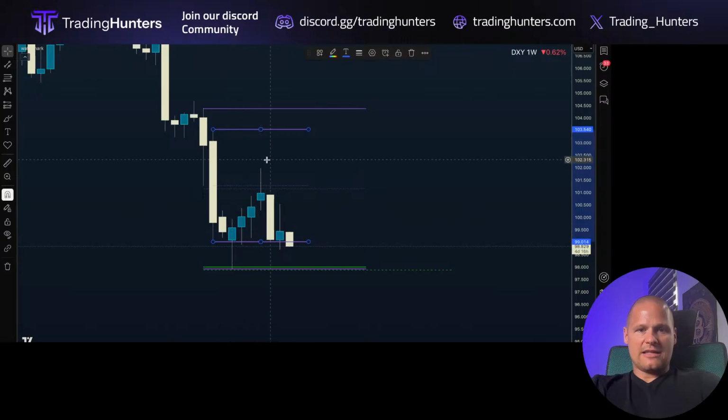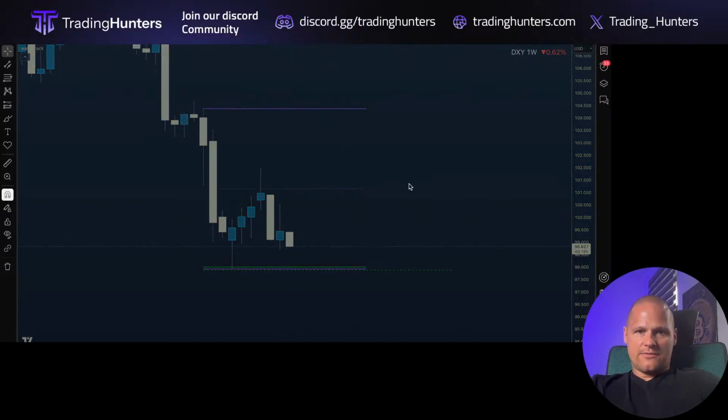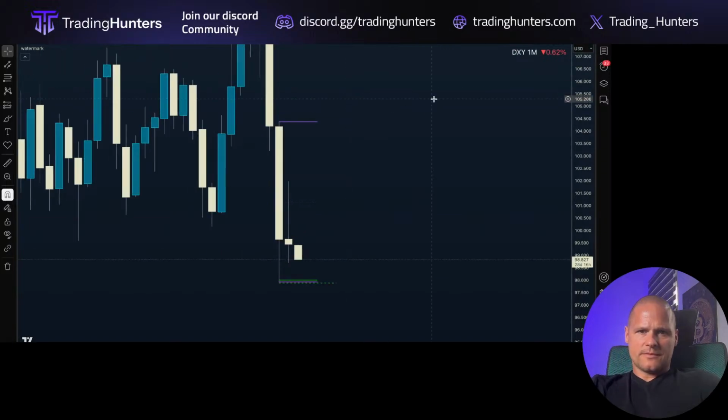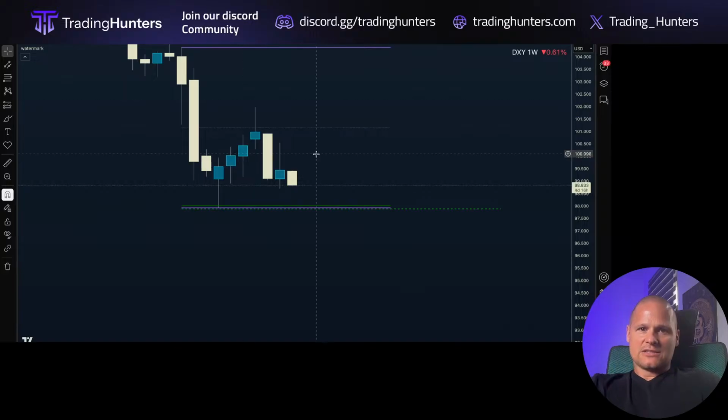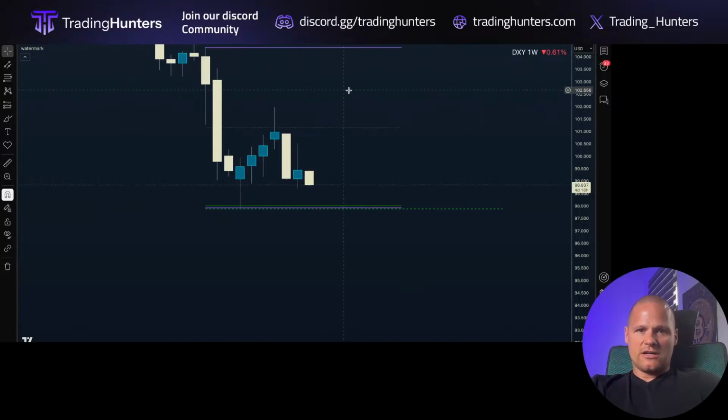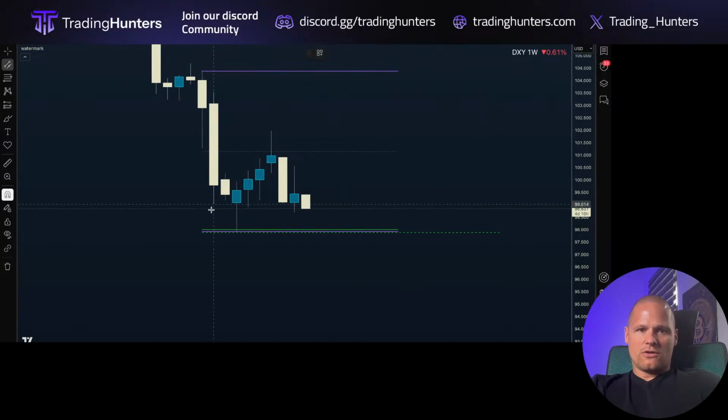But then model number 2 is not valid. Why? Because on the higher time frame, the liquidity is lower and the 50% has happened. So it's rebalanced, and we should not be looking for model number 2 on this one.